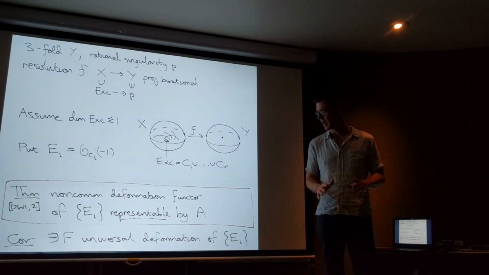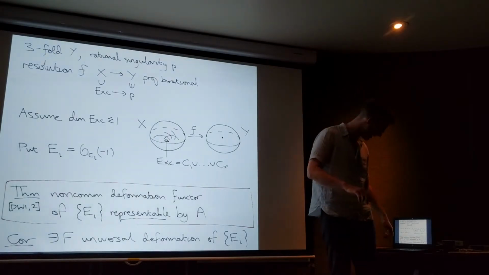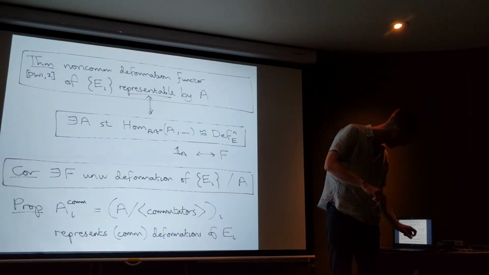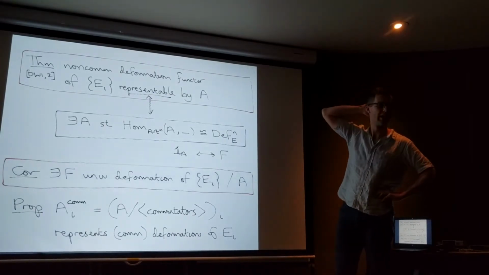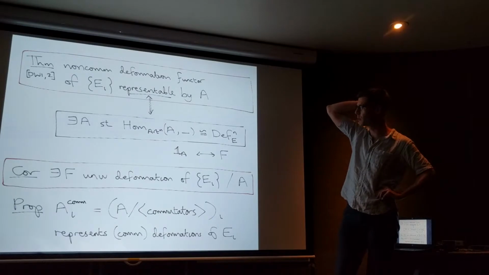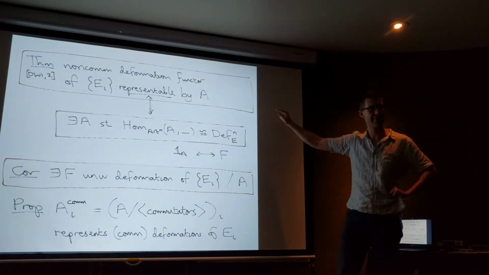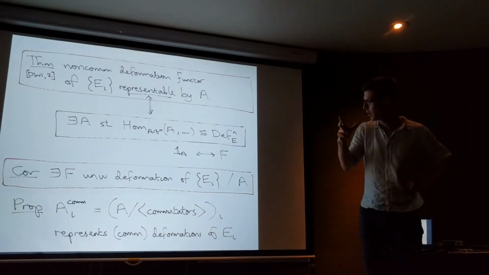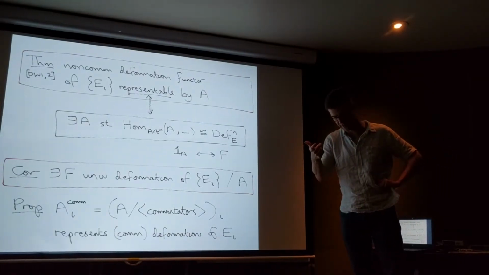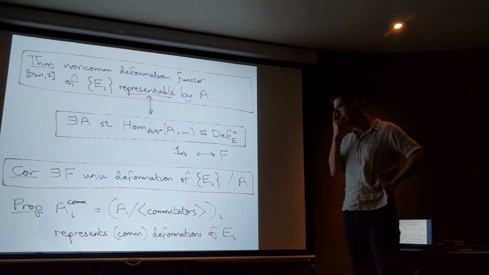Now I can unambiguously say universal deformation of the EIs. So why is that? Well, if this functor is representable, what does that mean? It means that the Def n that I defined before takes the form of a Hom functor in the category Art n of Artinian Cn algebras.